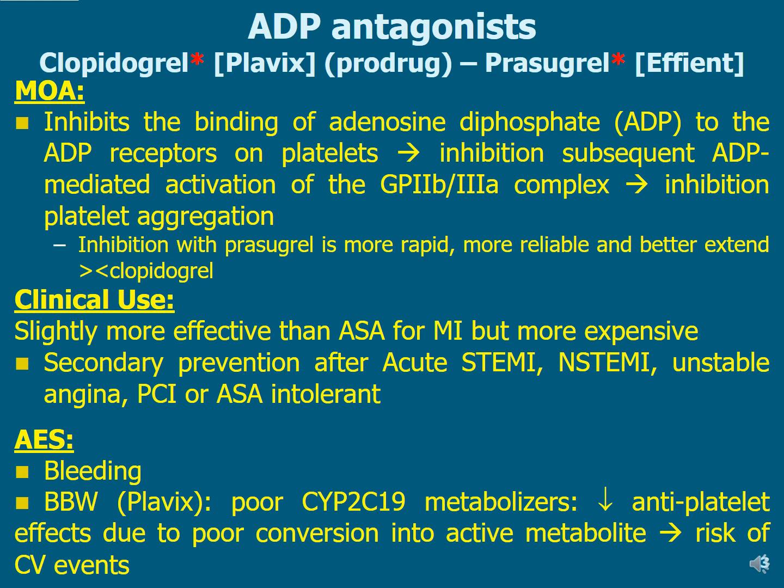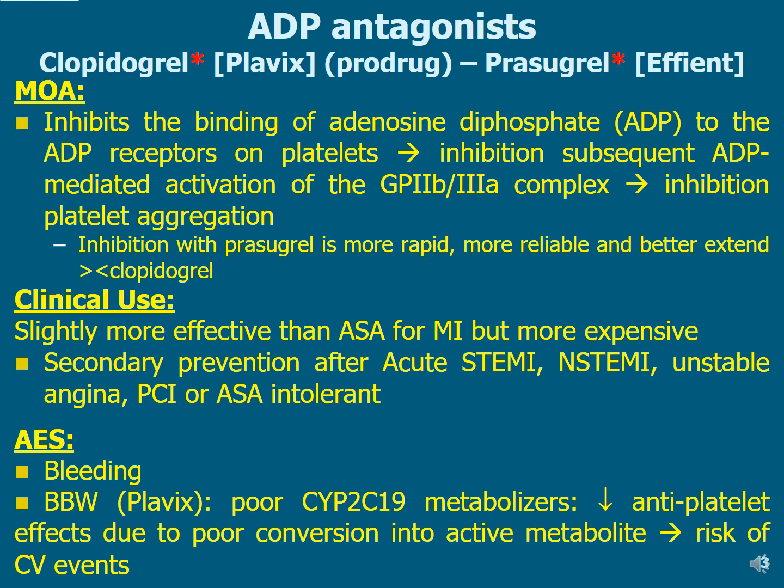Now, in terms of clinical use, they may be slightly more effective than aspirin for MI, but they come with a cost, and that cost is important. And so that's why aspirin is still the drug of choice for primary and secondary prevention of MI. Those agents are also used for secondary prevention of acute STEMI, non-STEMI, unstable angina, and PCI.